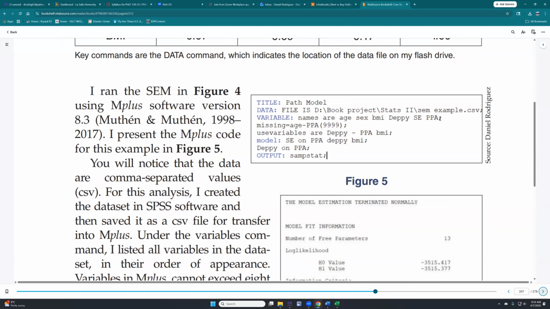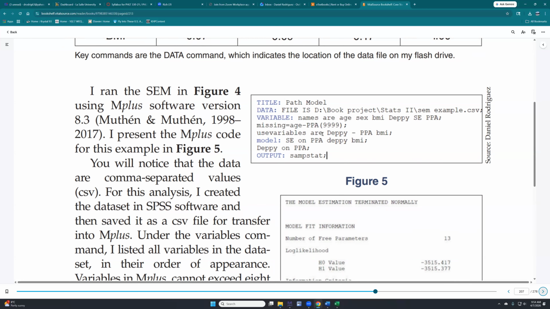And you notice also we use semicolons here at the end of the statement, which is nice since that's what we use in SAS. The variables, the names, have to be in order: age, sex, BMI, depression. I just call it the DEPI. I don't know why. Self-esteem, perceived physical appearance. The missing on all these variables is 9999.